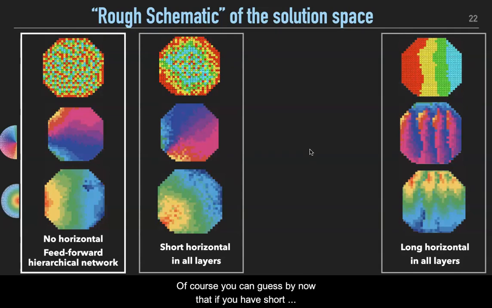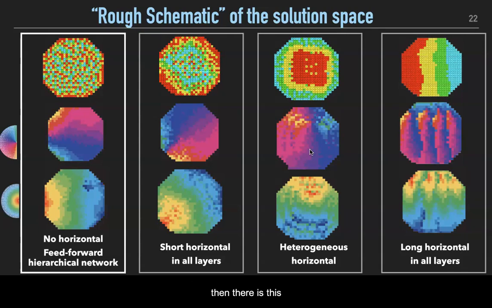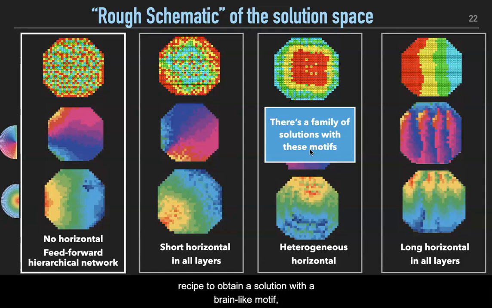Of course, you can guess by now that if you have short horizontal connections in all layers compared to the in-between layer connections, you're still going to have one area. But then there is this large area where you're going to have a huge number of solutions. And what I gave you is one recipe to obtain a solution with a brain-like motif. But it's not unique, and there is actually a family of solutions with these motifs.